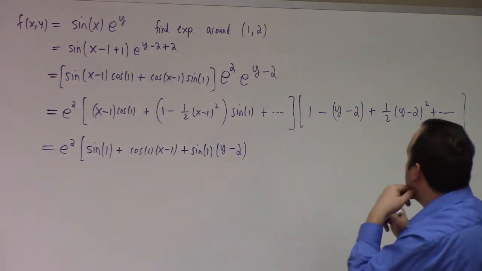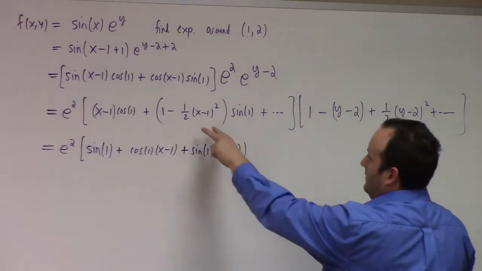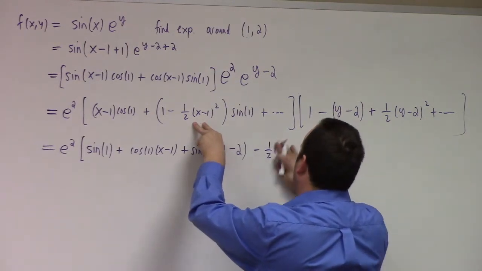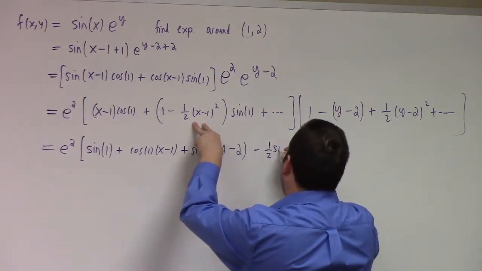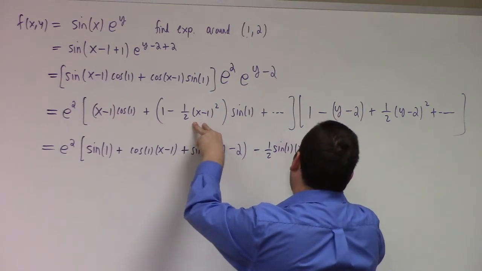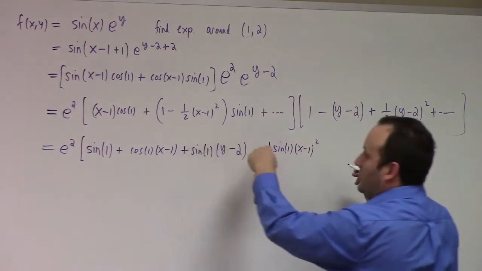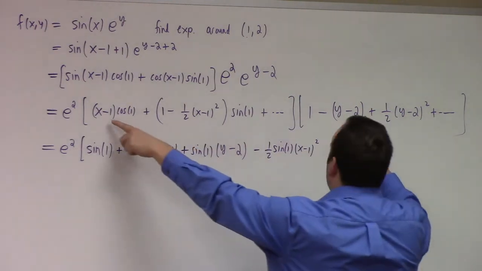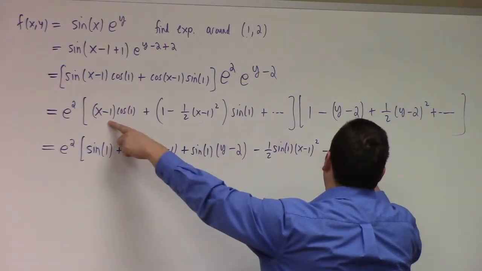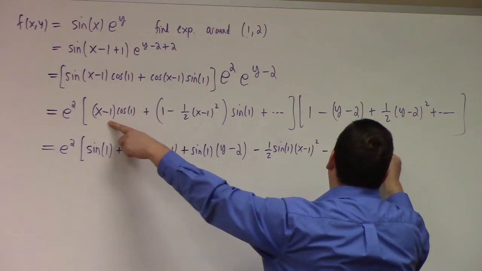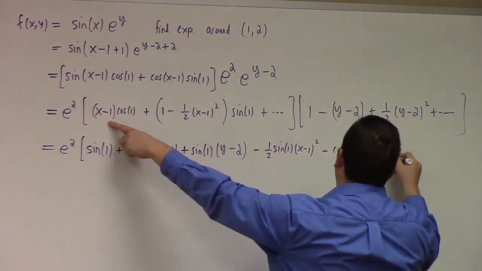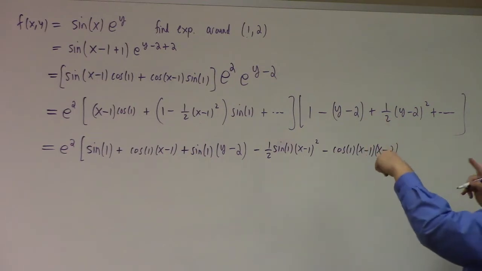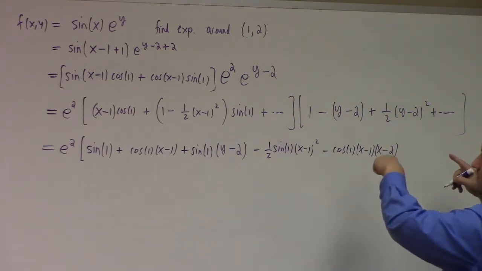Now quadratic, where's that coming from? I've got minus 1/2 sine of 1 times x minus 1 squared. Are there any mixed terms? Yeah, here they are: minus cosine of 1 times x minus 1 times y minus 2. Have I missed anything? How about the y squared terms?